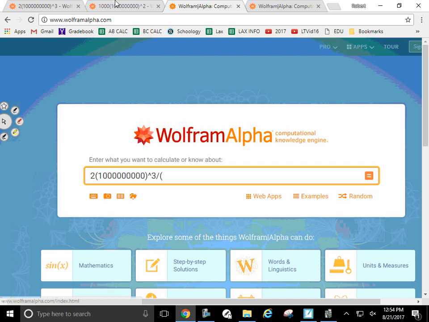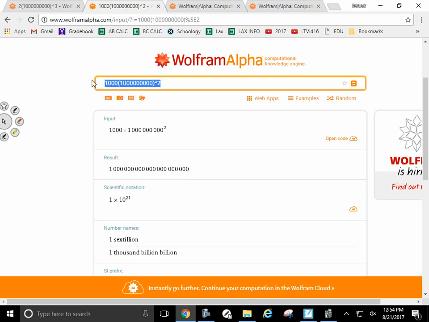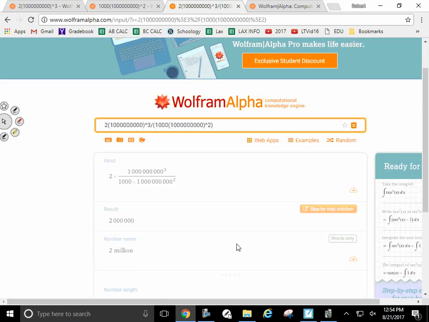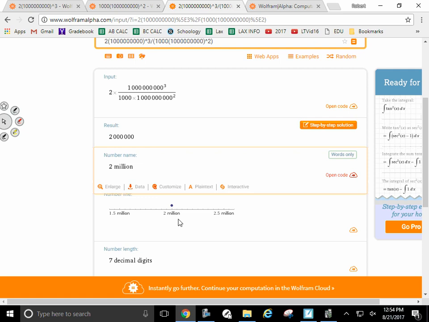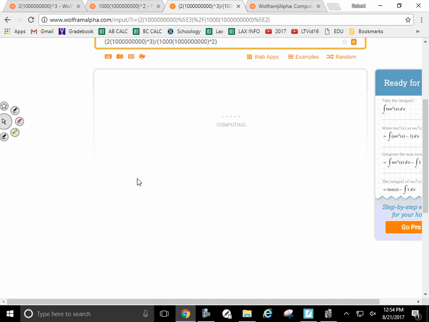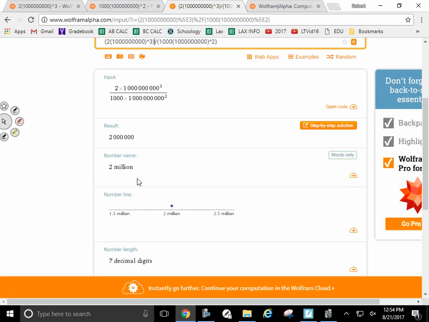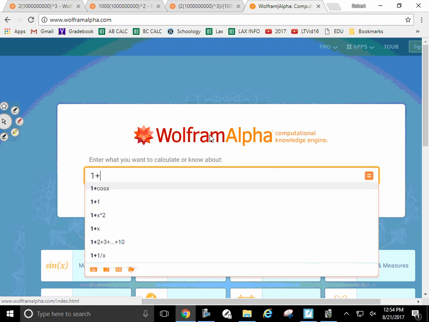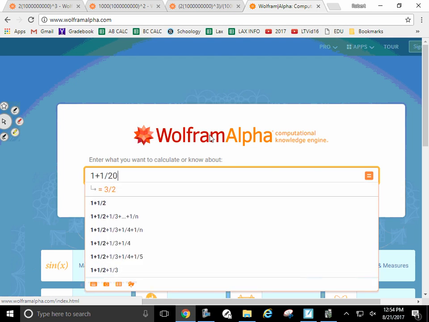There you go, sorry. And then I divide this by that. Okay, the top number is 2,000,000 times the size of the other one. Now, if you think about that conceptually, and you're adding the second number, the bottom number, to the top number, it's almost like taking 1 and adding 1 over 2,000,000.